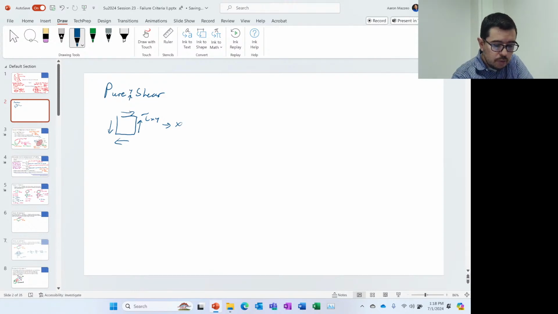So pure shear, what does the Mohr circle look like for pure shear? Here's your sigma, here's your tau. What does pure shear look like on this?